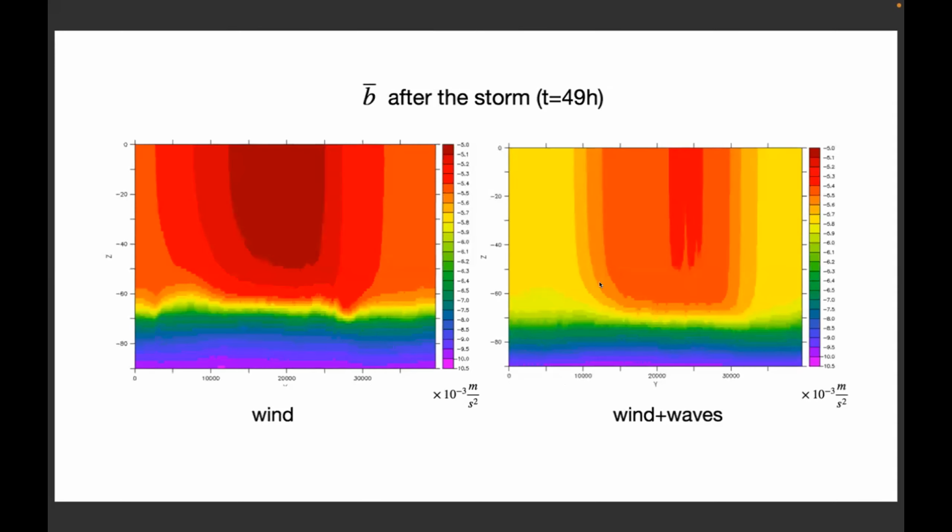So if we compare the buoyancy sections after the storm at T 49 hours, we see on the left-hand side the wind experiment. So we have some strong mixing through the wind.